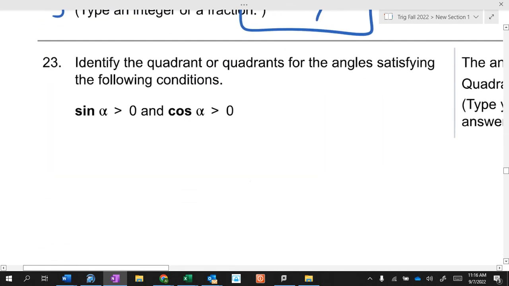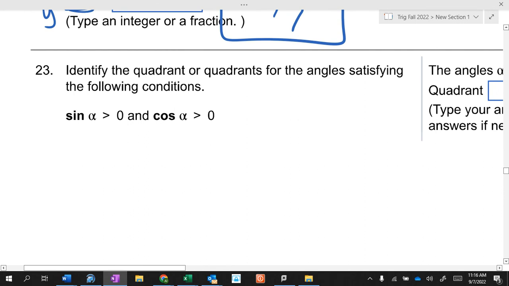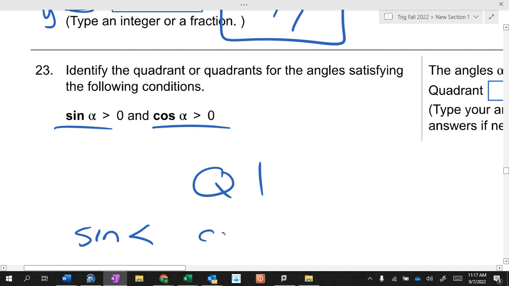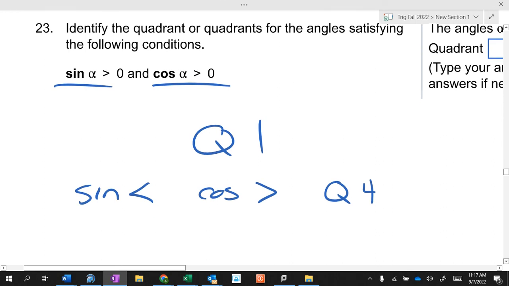Okay? And the last one that you're going to see. If the sine is positive and the cosine is positive, what quadrant are you going to be in? 1. If the sine is negative and the cosine is positive, what quadrant are you going to be in? 4.